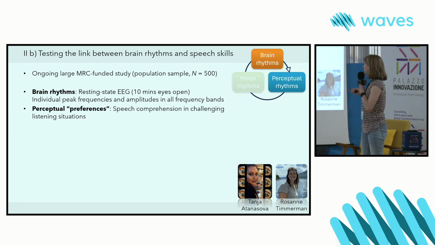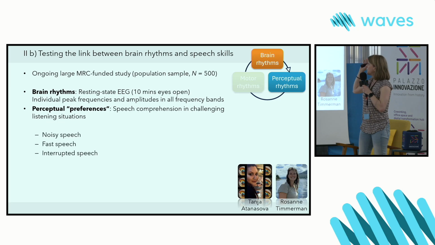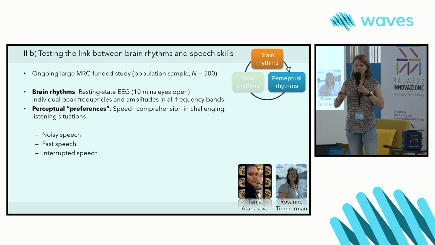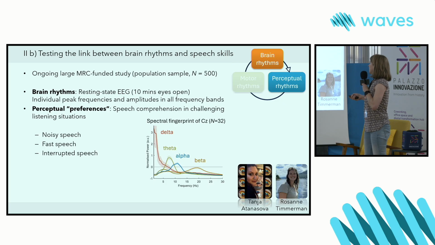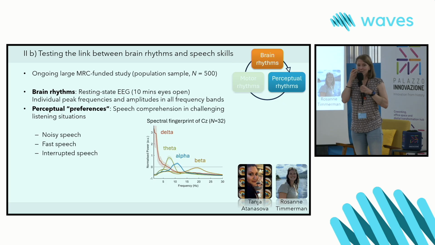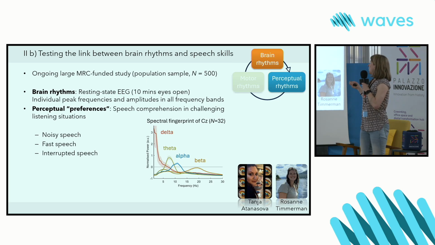So we test speech comprehension in challenging listening situations: noisy speech, fast speech, and interrupted speech. And a little peek, because everything always takes longer than we think, so we're not very far with the analysis, but we could look at just 32 participants and see whether we can do the spectral fingerprinting analysis.